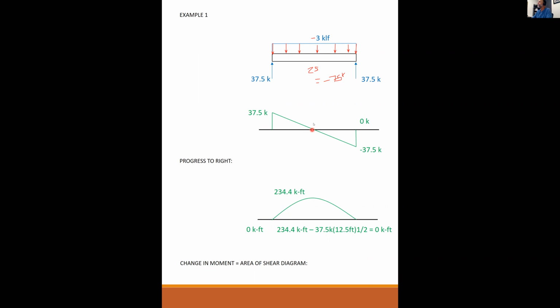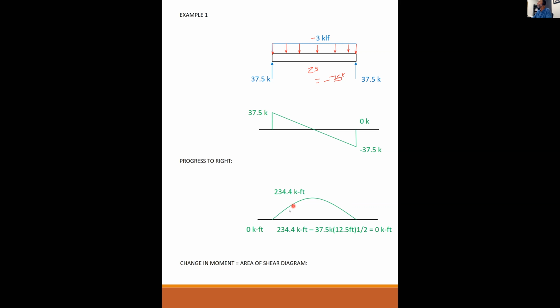So any positive shear starting from 0 gets you to the maximum. The change in moment from the center to the other end is equal to minus 234.4. But we started at 234.4. Minus 234.4 got us back to 0.